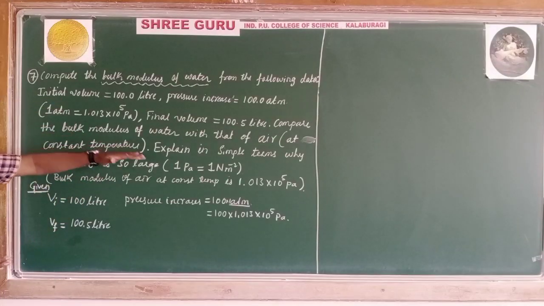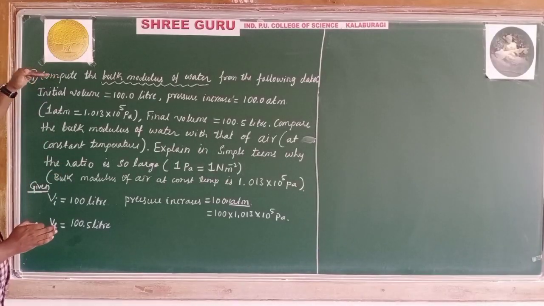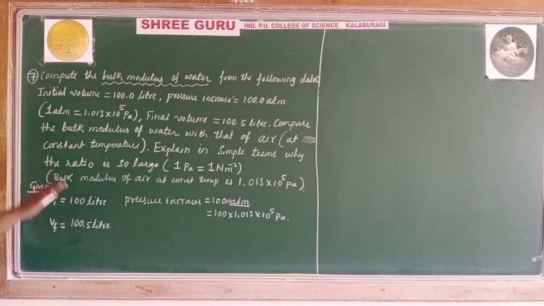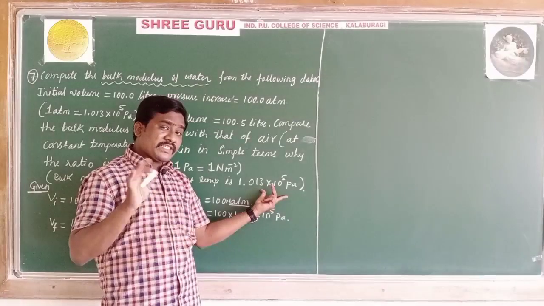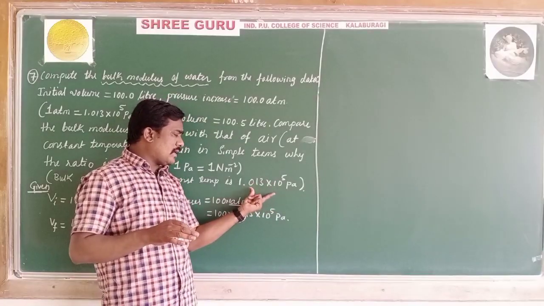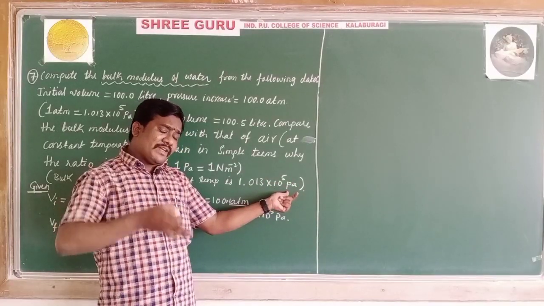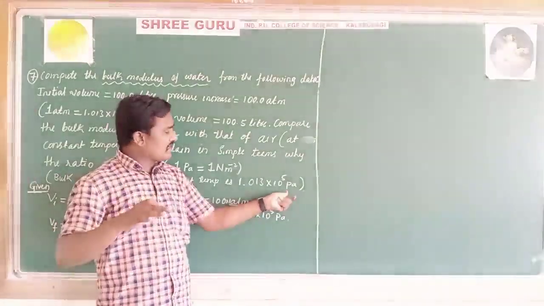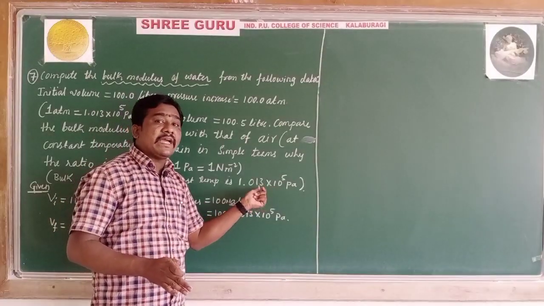Before going to explain why the ratio is large, just keep in your mind, compute the bulk modulus of water. We should find the bulk modulus of water first. And already they mentioned the bulk modulus of air at constant temperature. It means that bulk modulus of air is 1.013 into 10 to the power of 5 Pascal. Already they mentioned in the question the ratio is very large. It means that definitely our answer should be greater than this value.